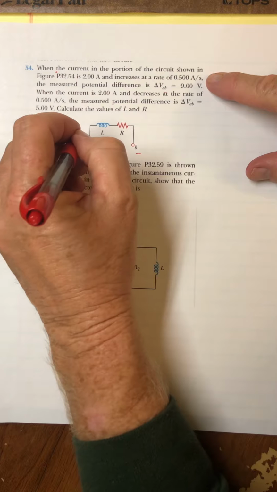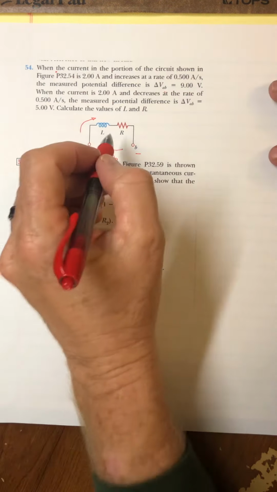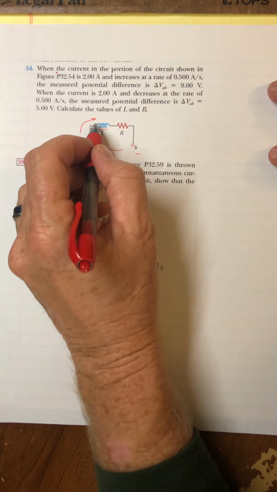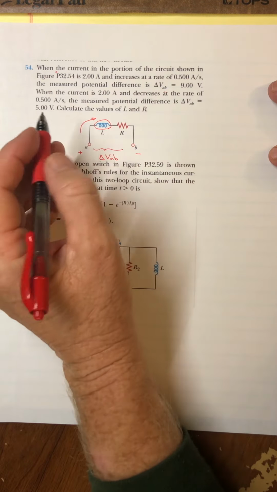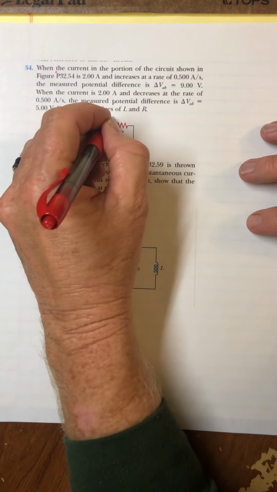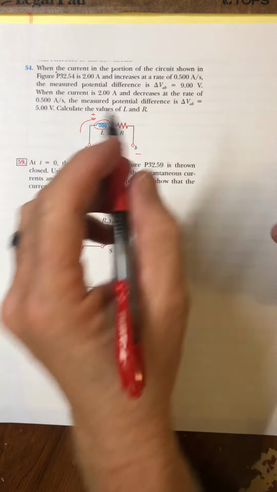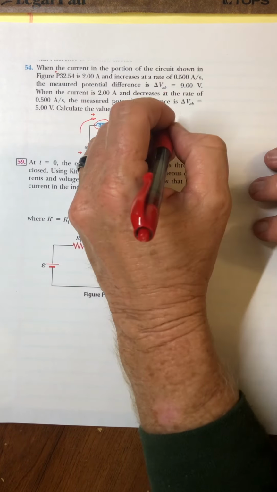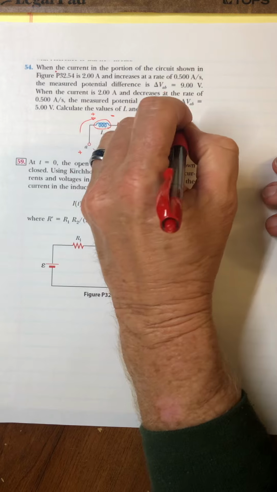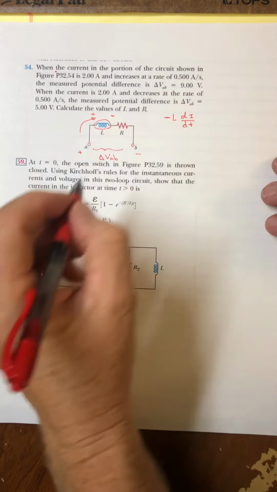So as we are trying to increase the current here, we would get a voltage change here, and it would oppose the change. So this side would be plus, and this side would be minus. In other words, as we walked the circuit, we would go down in voltage. We would have a minus L di dt.